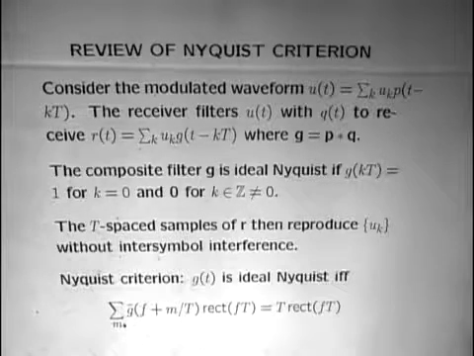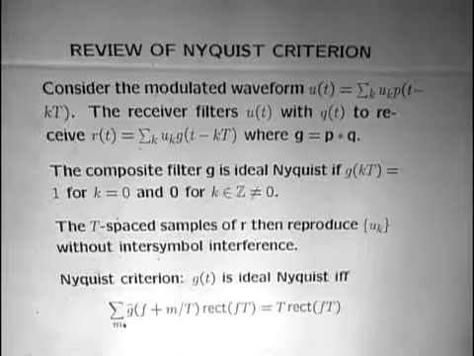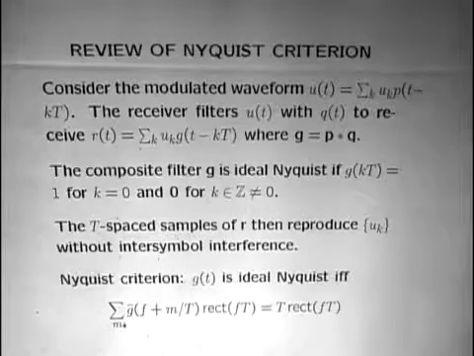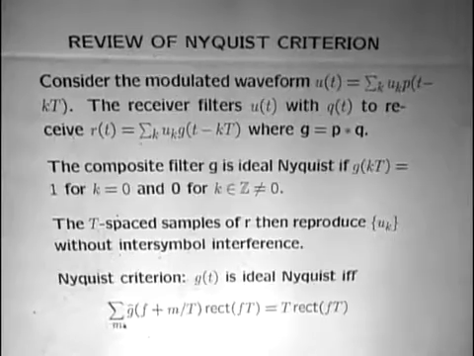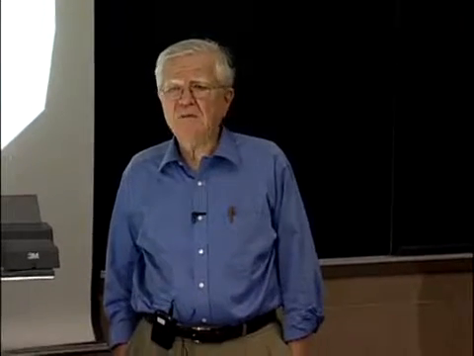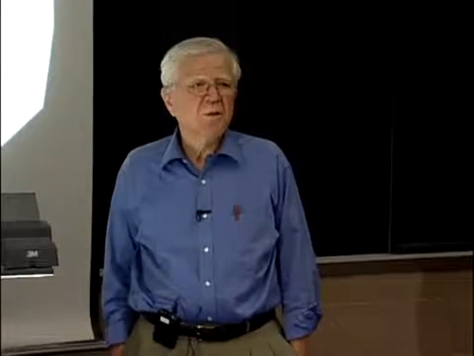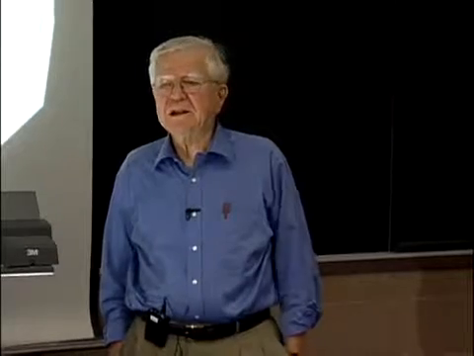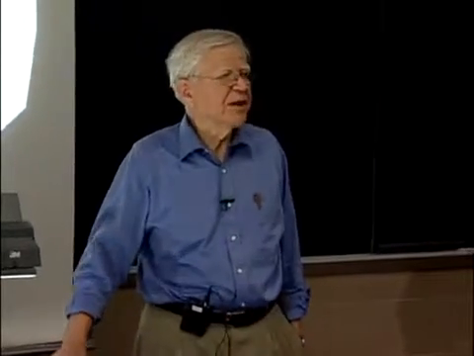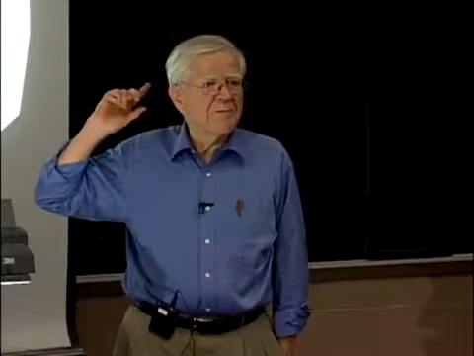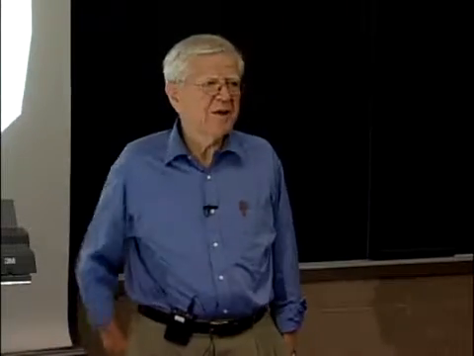Then we did something kind of flaky. We said that when we received this waveform, what we were going to do is to first pass it through another filter and then sample it. If you've done the homework yet, you will probably have looked at what happens when you take an arbitrary linear operation on this received signal to try to retrieve what these signals u sub k are.